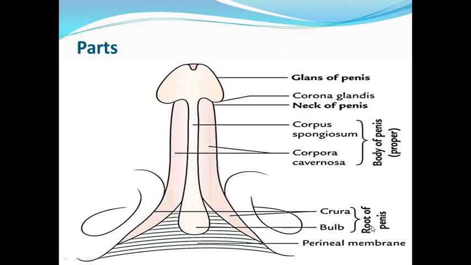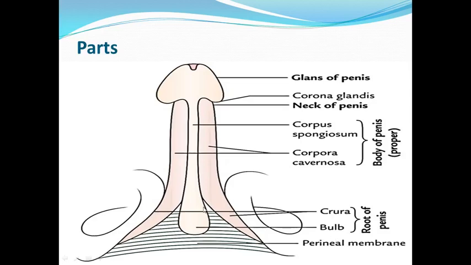The root is the fixed part, this is the root of the penis, and this is the body of the penis. We will deal with the root and the body of the penis in separate, forthcoming slides.